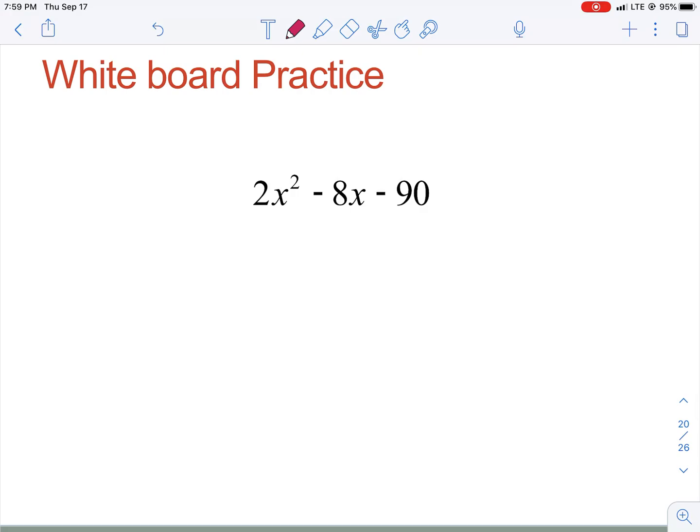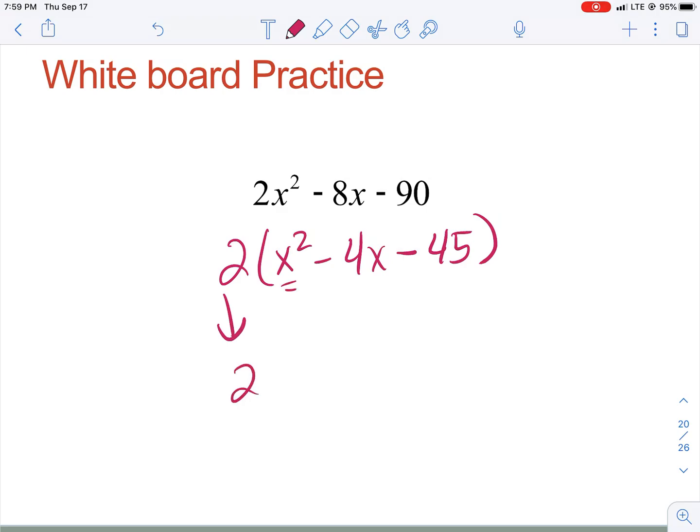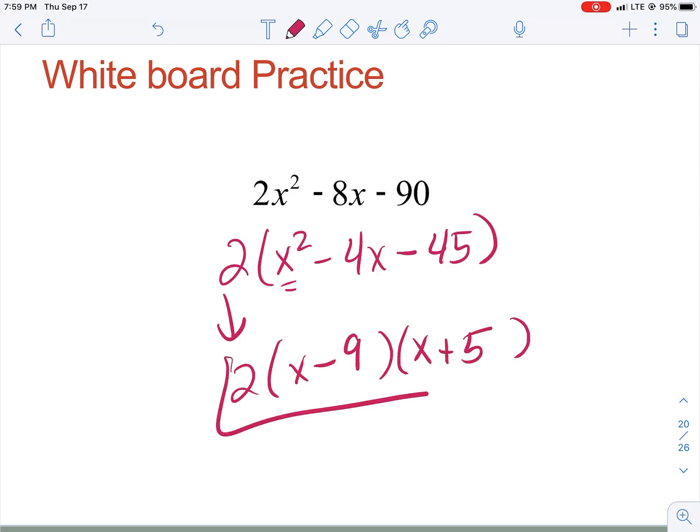Try that one. Again, I can take out a 2, x squared minus 4x minus 45. And then it's just an x squared. So I'm going to say x, and factors of a negative 45 that add up to negative 4 are negative 9 and 5.